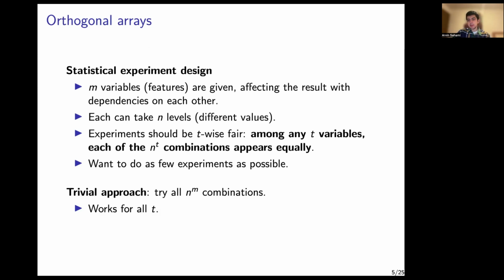What does that mean? For our case, this means that among each of these t variables, any of the n to the t possible combinations appears equally often. Now, our goal is to do as few experiments as possible while satisfying this criterion.